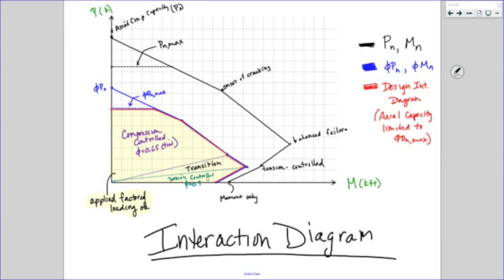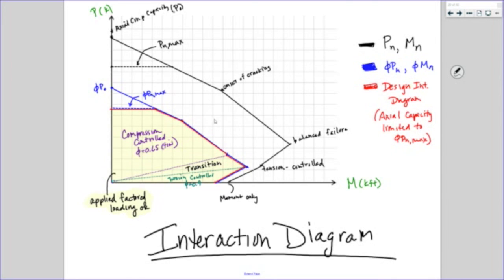That's why we have this teal here. Compression controlled is in purple. I have my cap right there, so really everything in this light yellow is what's fine. If you're in this no man's land up here, it's not going to work because you have too high an applied compressive load. So that is a cleaned up version of the one that we just did.